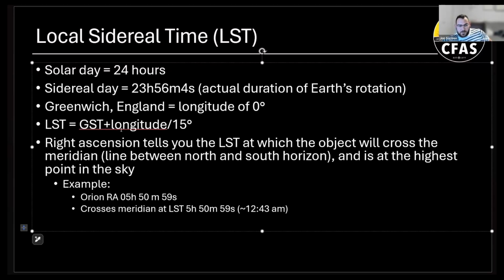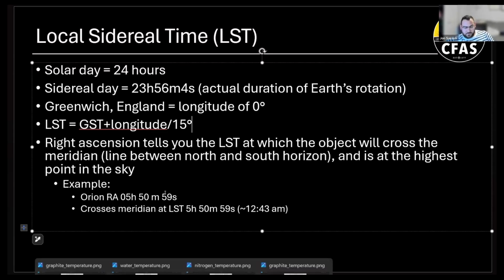So if we know what our local sidereal time is, another way to think of it is that the right ascension tells you the local sidereal time at which that object will cross the meridian, right? The meridian is an imaginary line between the north horizon and the south horizon. That's the local sidereal time at which the object crosses the meridian, and it is at that point that the object is at the highest point in the sky.